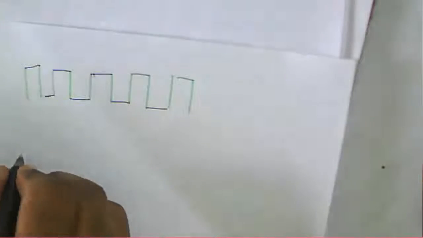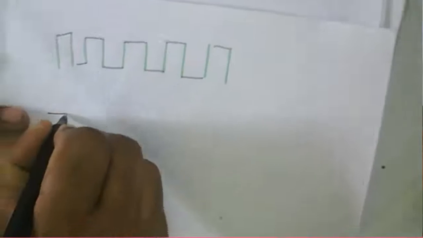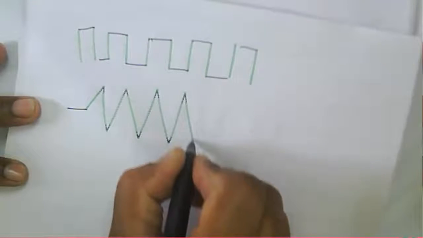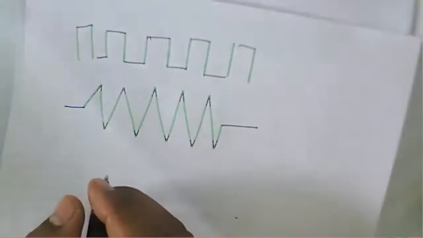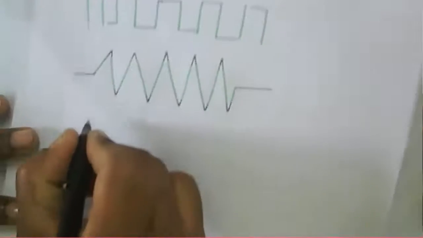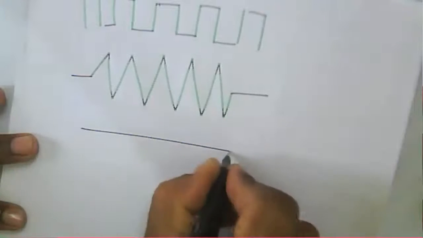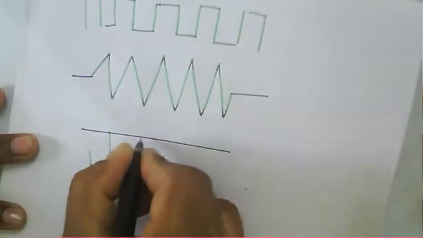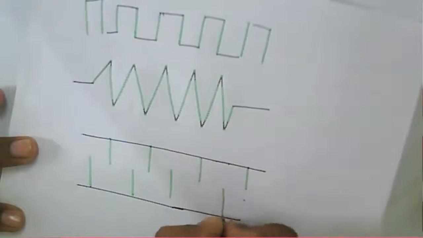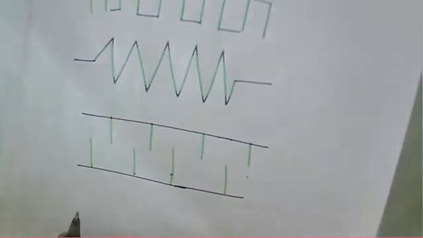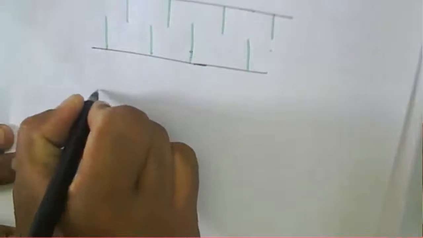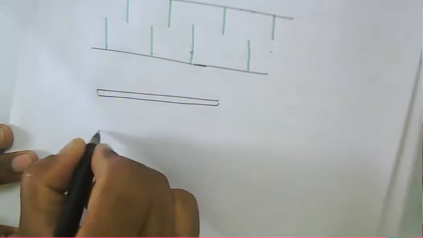Or we can say interdigital line. Another structure is the interdigital line. Okay, this is called the interdigital line. Or another is the corrugated waveguide.